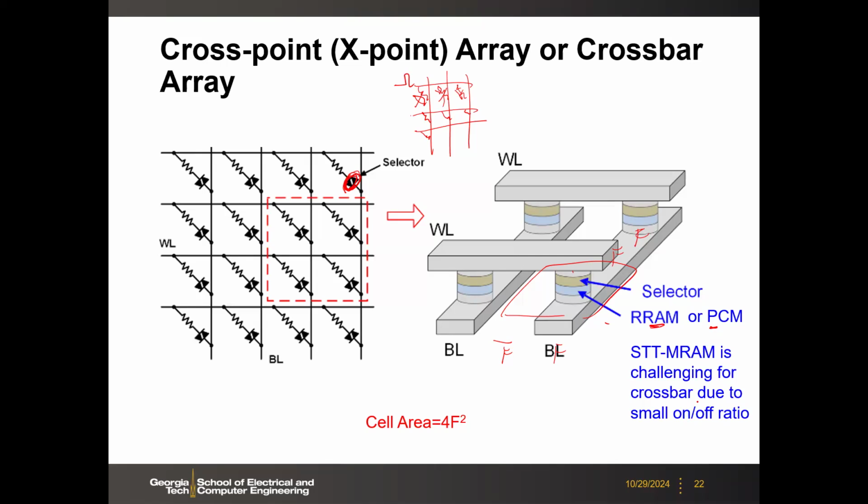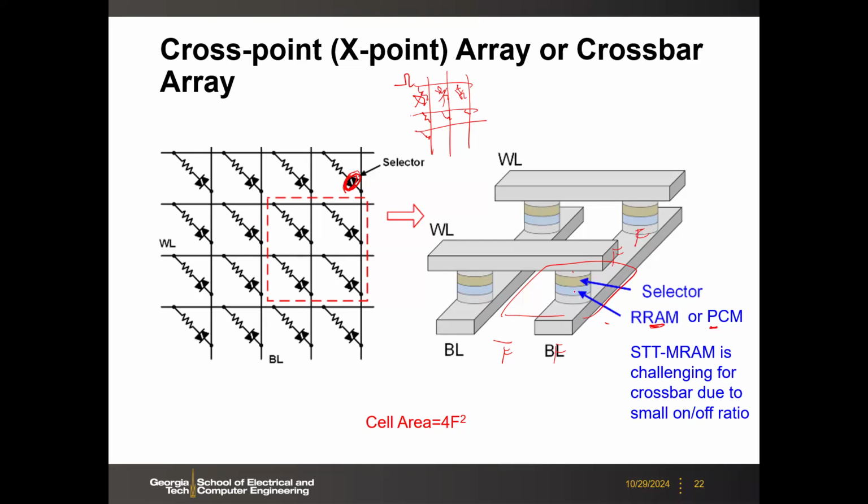So it's pretty small. And it will become very difficult to satisfy the sense margin if we have this cross-point array with the MRAM. So typically the cross-point array will be suitable for the RRAM or phase change memory.